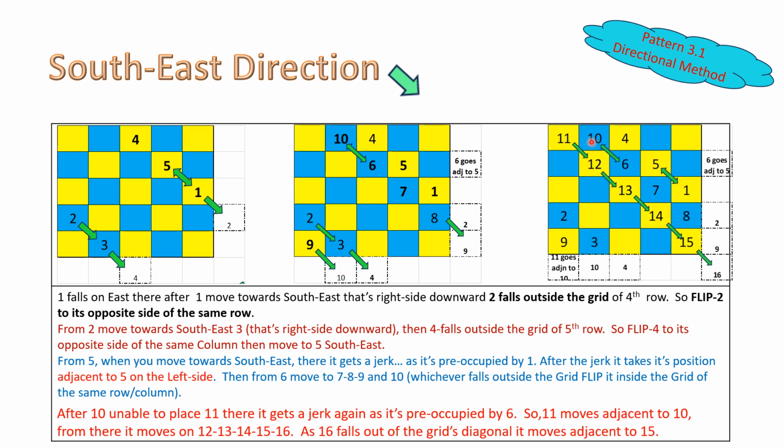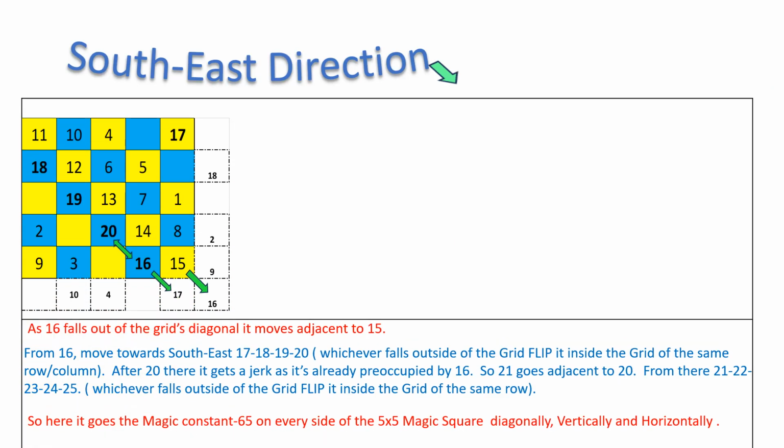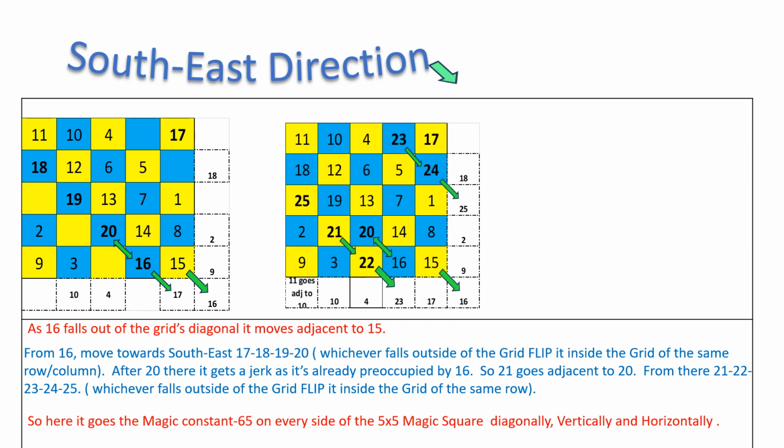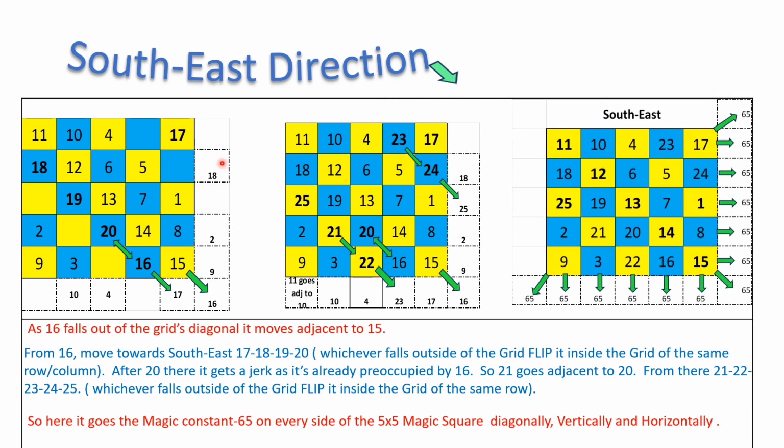Then you get a jerk here, so it goes adjacent to 10. 11, 12, 13, 14, 15, and 16 goes adjacent to 15. Then 17 gets flipped inside. 18 gets flipped inside, then 19, 20, there is a jerk, and it takes its position adjacent to 20.